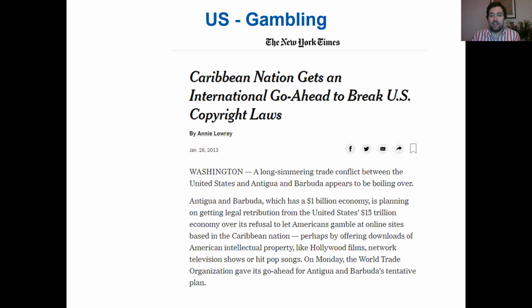So what is said here is that Antigua and Barbuda has the right to offer downloads of American intellectual property, Hollywood films, TV shows, pop songs, and not pay a penny to the United States and to the owners of the intellectual property. And the WTO therefore permitted this legal piracy, as we could call it.